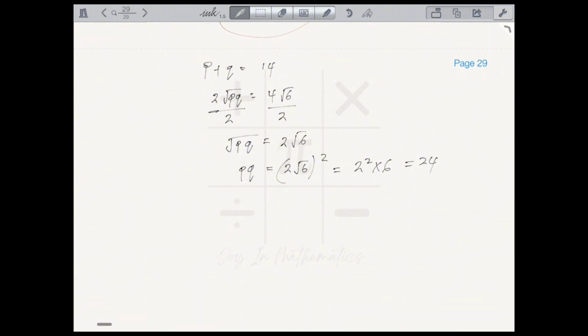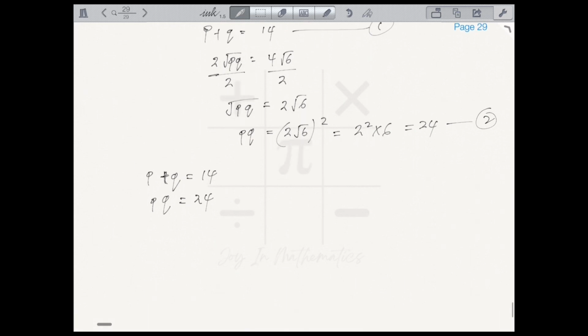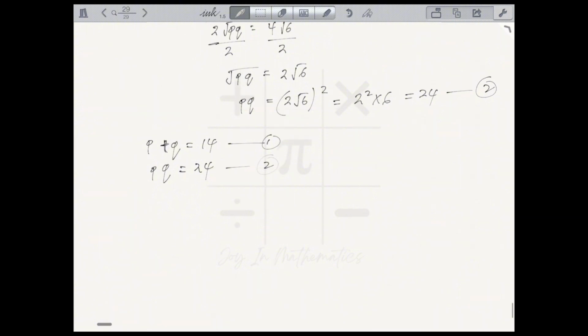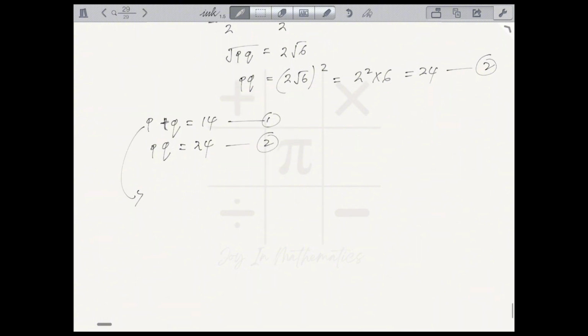Therefore we have two equations: equation 1 and equation 2. Let's bring them together. p plus q is equal to 14, pq is equal to 24. Now just like we did earlier, we solve equation 1 and equation 2. So from equation 1 we have that q is equal to 14 minus p. We call this equation 3.